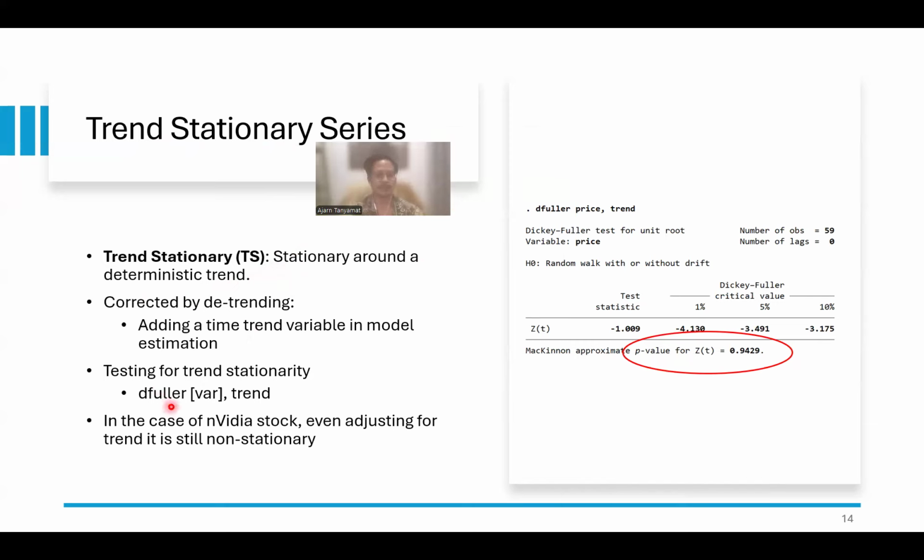You just do dfuller, variable name, comma, and then type in trend. In the case of NVIDIA stock, I did the same thing. Notice that the test statistic is larger, but at the same time, the critical values are larger as well. So our p-value is still high. Even with adjusting for a trend, NVIDIA stock is still non-stationary. If it were trend stationary, we would have to include a time trend in our regression. But in this case, it's not stationary even with a trend.